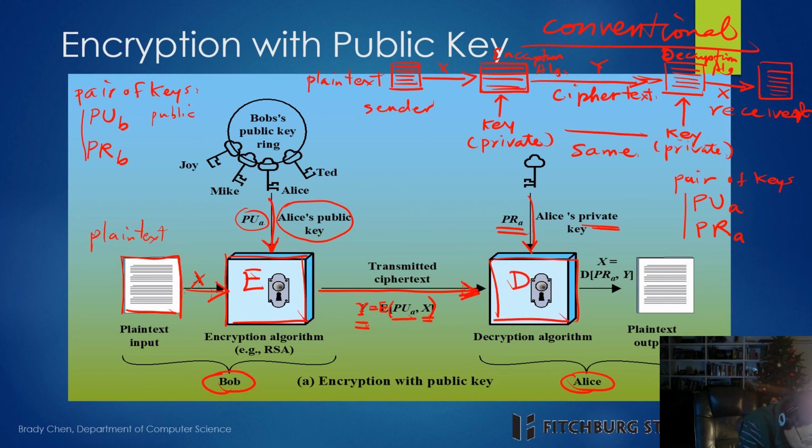If we treat the decryption algorithm as a function, just like the encryption algorithm, then I call the decryption function, and the parameters are the ciphertext sent by Bob and the private key of Alice. Hopefully this decryption function is going to restore the plain text message, which is X. Okay, that was the X sent by Bob.